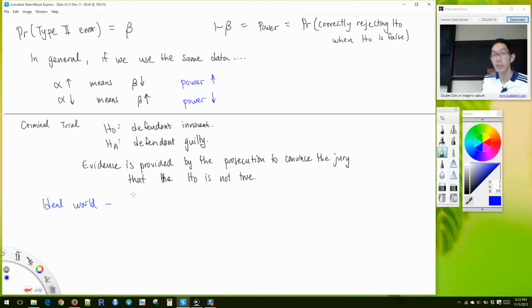In our ideal world, if the defendant is guilty, what happens? Whenever the defendant is guilty, the jury convicts. In that case, the jury rejects the null hypothesis.